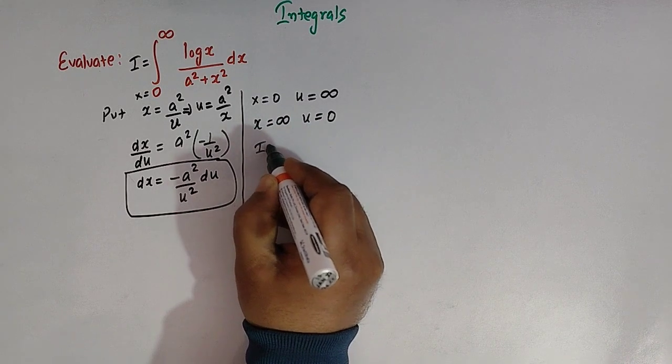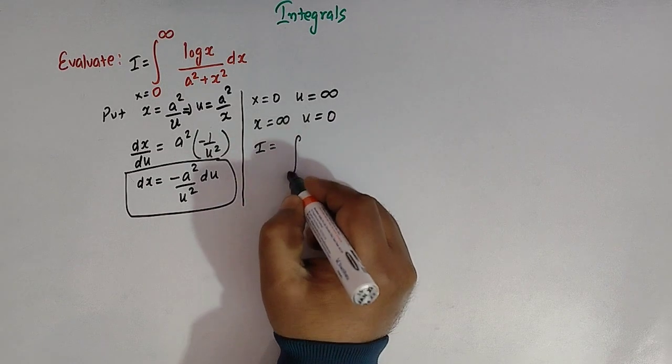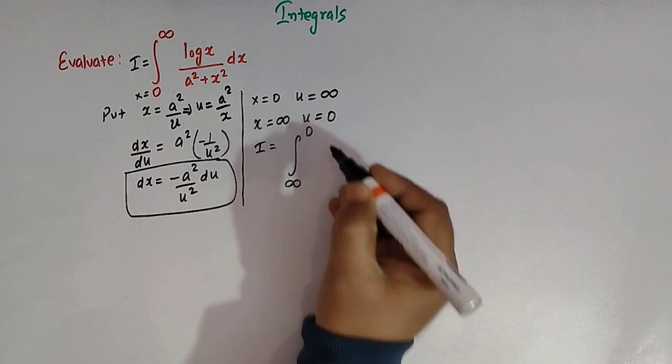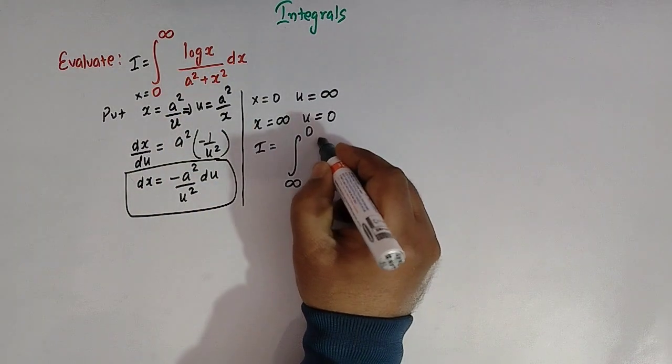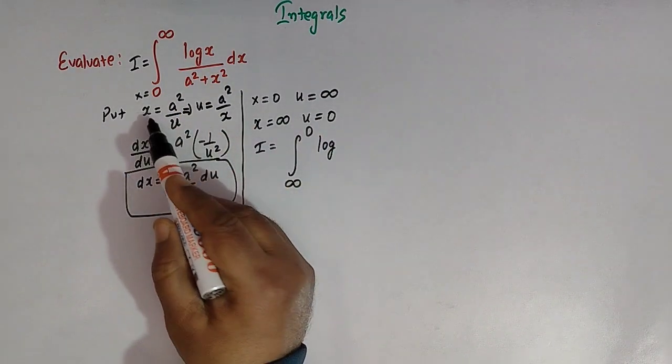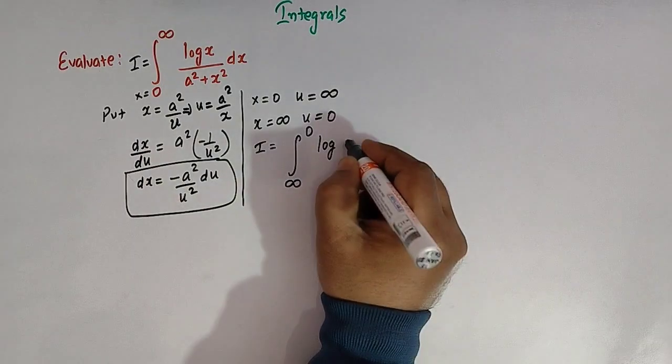So now we can write this integral I as the integral from infinity to 0, and here we have log x. Now we'll take x is equal to a square over u.